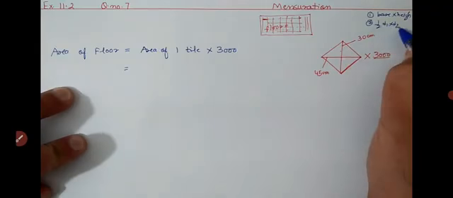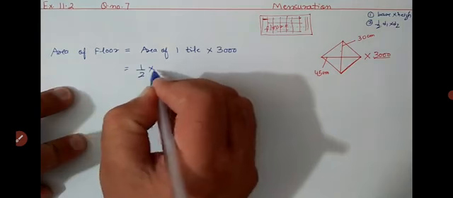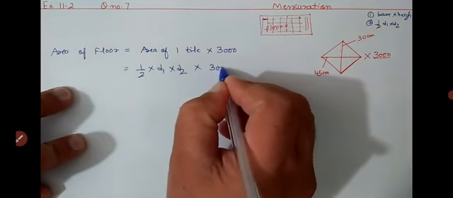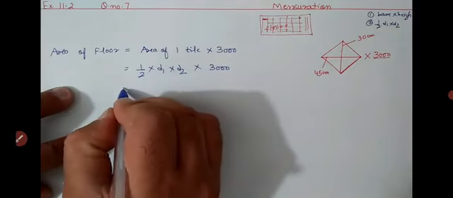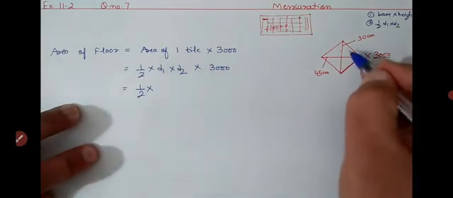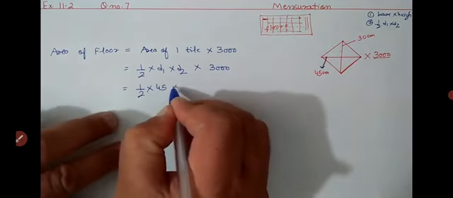So we can write 1/2 into d1 into d2 into 3000. What is d1? d1 is given, 45, and d2 is 30.